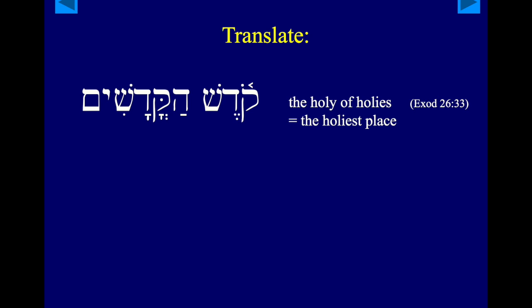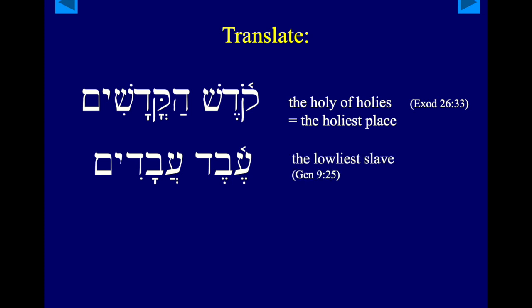Kodashim is a plural noun, meaning holies. The holy of holies, or the most holy place. This is, by the way, how you say these extreme superlatives in Hebrew. Or Eved Avadim, servant of servants, one way of saying the lowliest of servants or slaves.